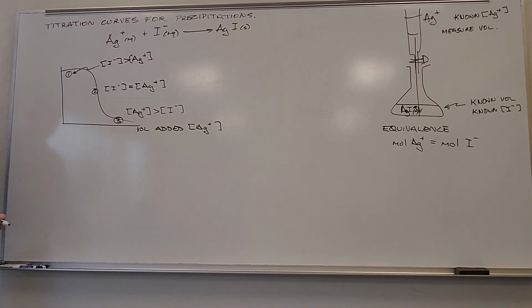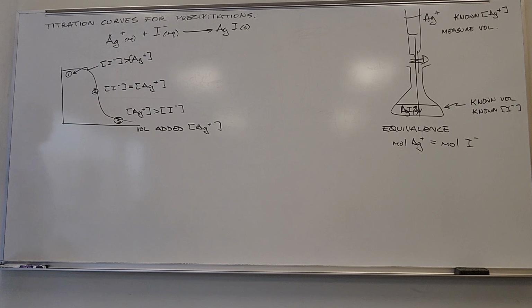Here's the really intriguing question. What's on this axis? Is it nitrate ions? No, nitrates should be spectator ions and should not affect this at all.